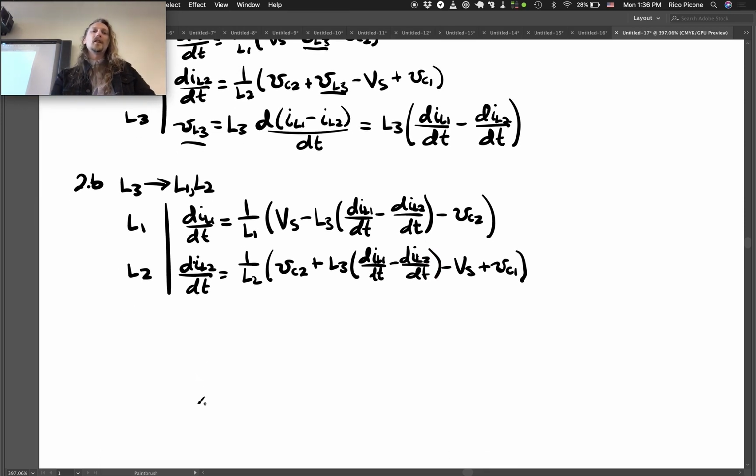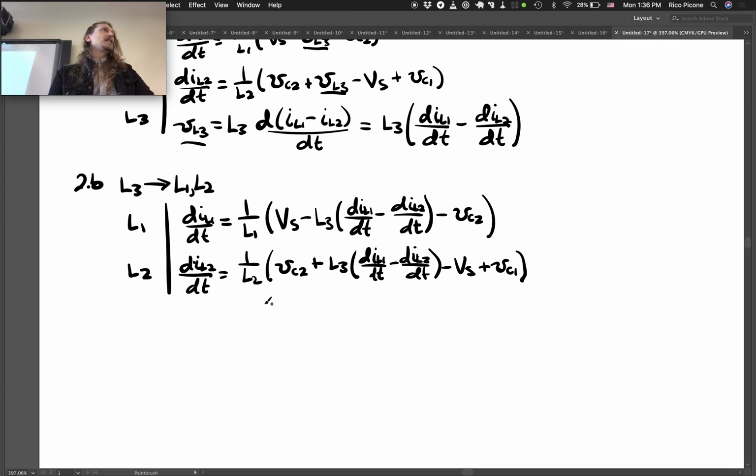So what we're going to do is we'll rewrite them. First of all, we'll bring the dIL1 and combine it with this one first, just to get that out of our way. And then we'll do this same one here, and then we can essentially solve for one of them in this equation, eliminate it in the other equation.